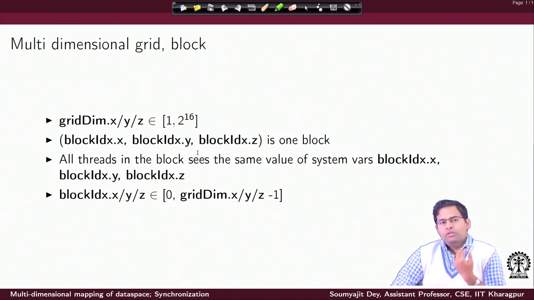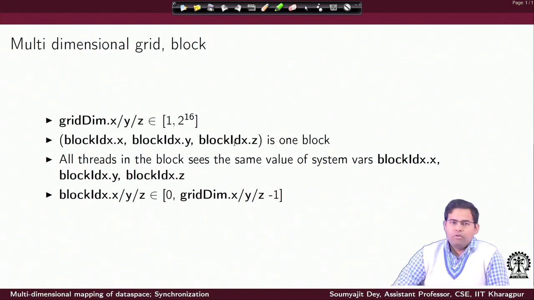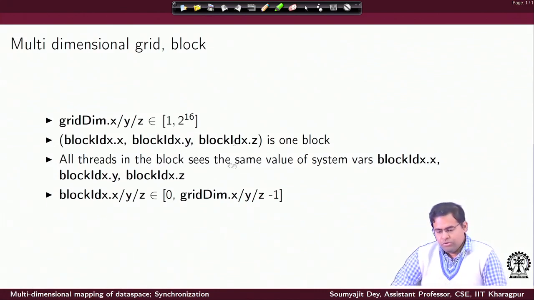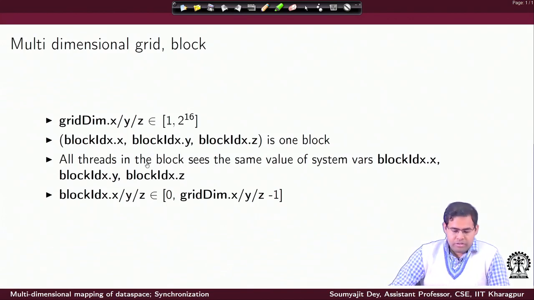They can all access this block ID x, block ID y and block ID z, and this combination of values should be exactly the same, because they are all technically inside the same block. So, just to summarize, all the threads in the same block would see the same value of these system variables blockIdx.x, blockIdx.y, blockIdx.z, and we can understand definitely that these blockIdx values should be varying inside this range of grid dimension, right?